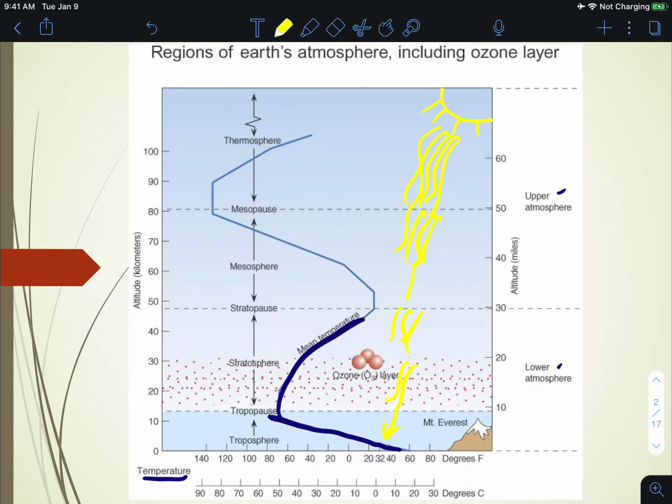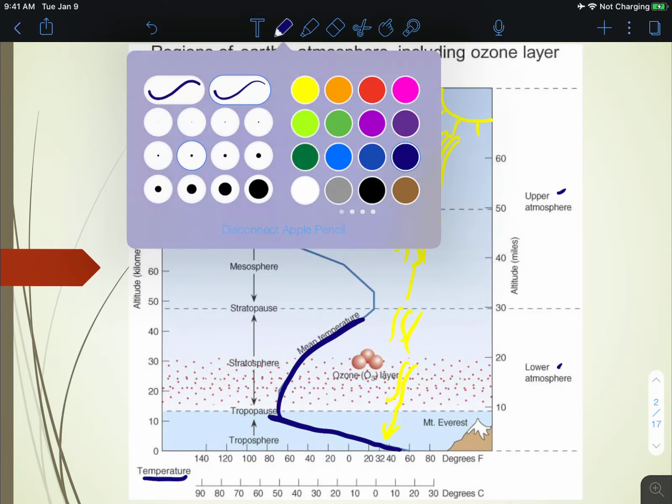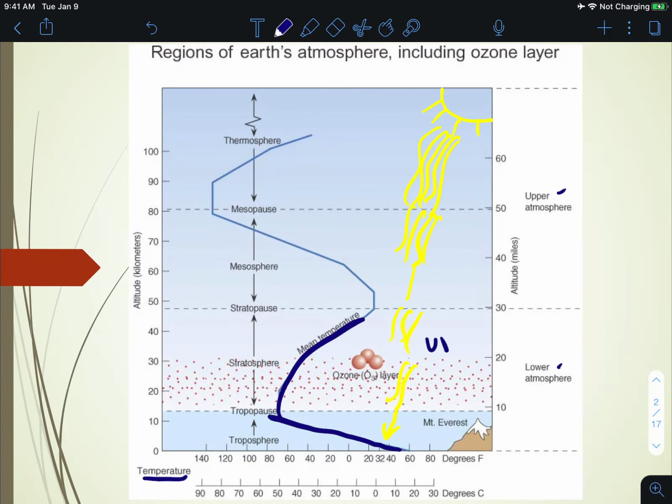And then ultimately, a bunch is filtered out and only some of it gets through. So what's happening here is the ozone molecules, which is O3, absorb ultraviolet light. And when they do this, they become energized. So a molecule absorbs and becomes energized. And that is what you're measuring.